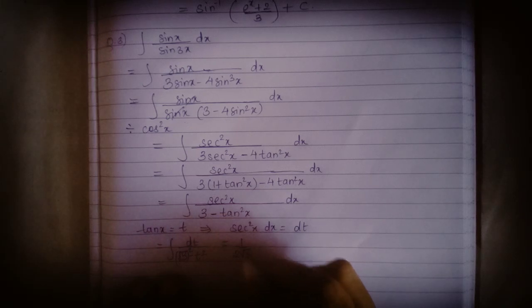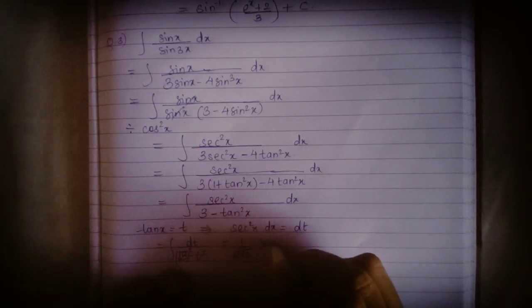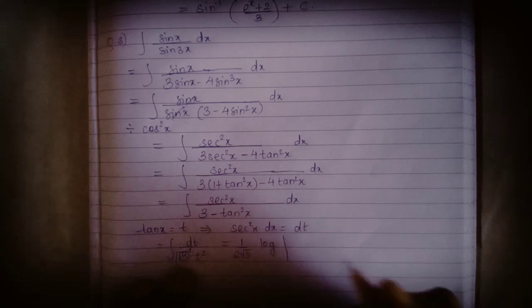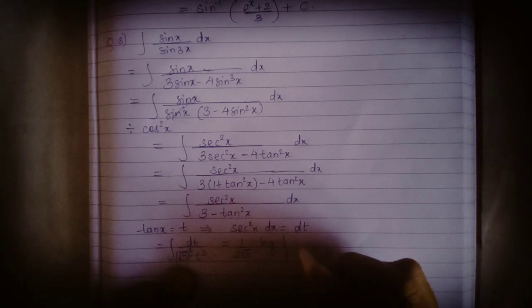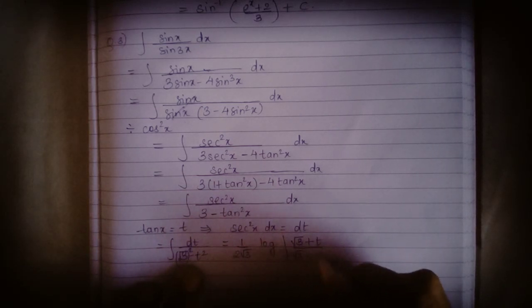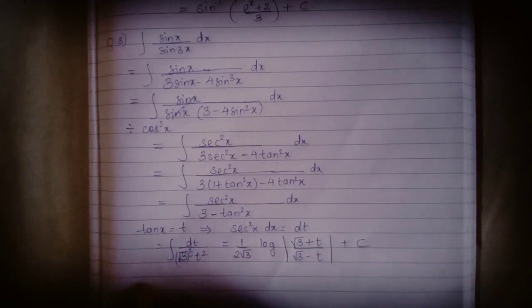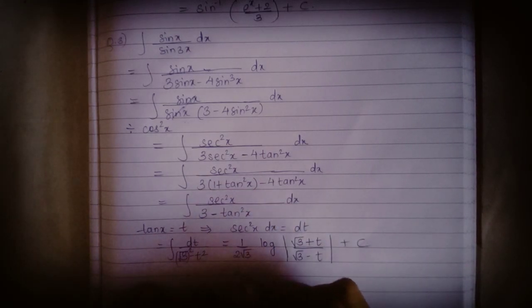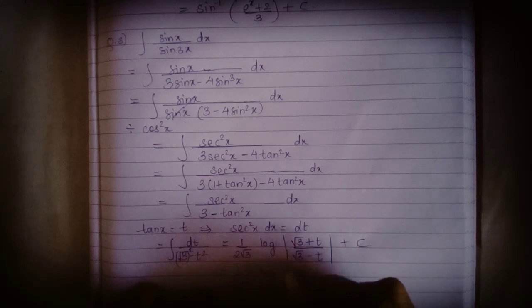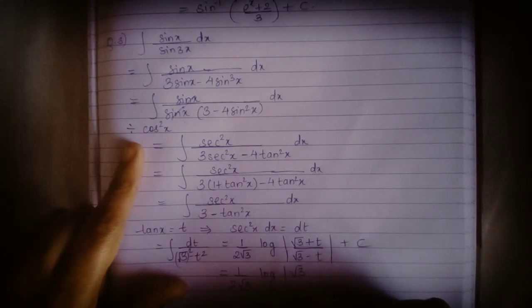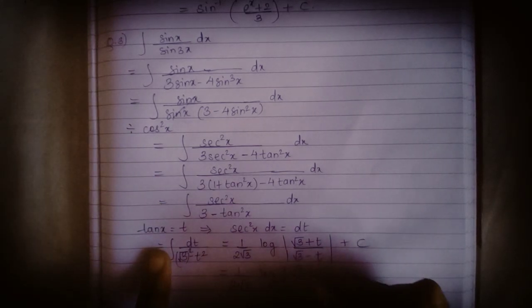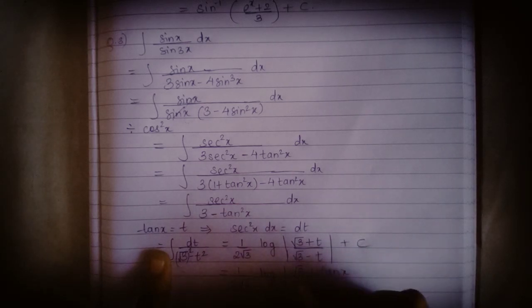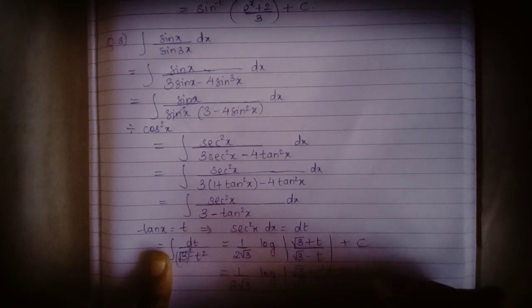So this will be 1 upon 2 root 3 log of a plus x upon a minus x plus c. Okay, then substituting our t, you will get 1 upon 2 root 3 log of root 3 plus tan x upon root 3 minus tan x plus c.